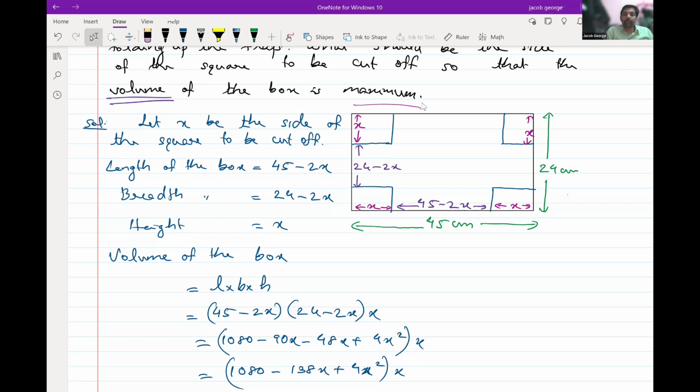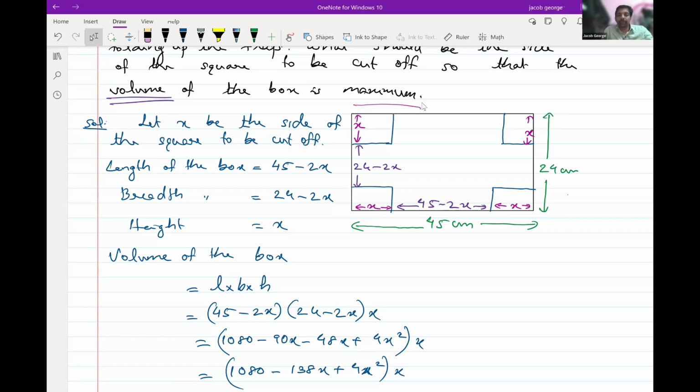So after this step, we open the bracket and multiply this one. We get 1080 minus 90x, 45 into 2, 90x, 2x into 24, minus 48x plus 4x square into x.